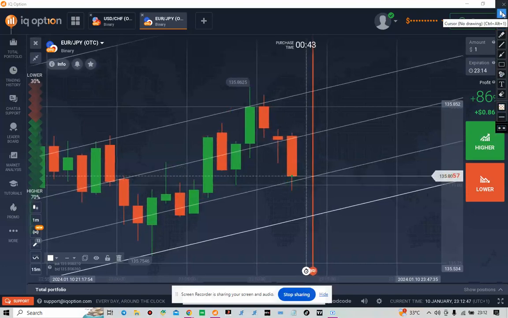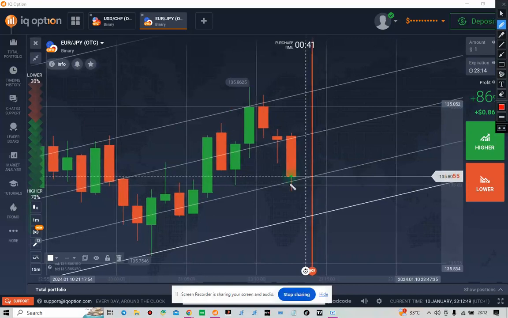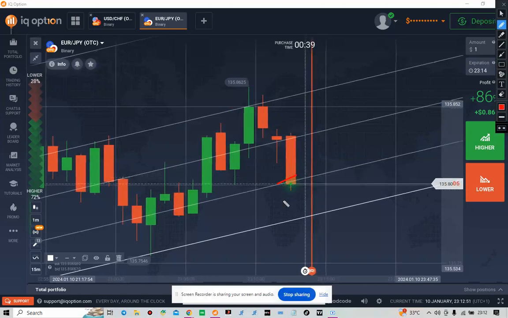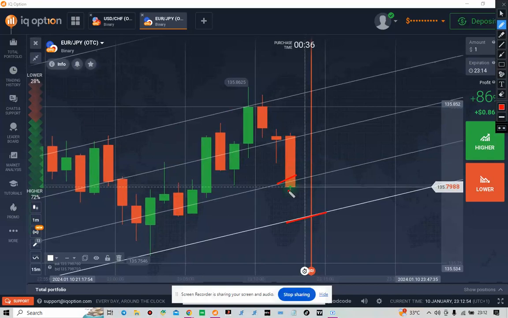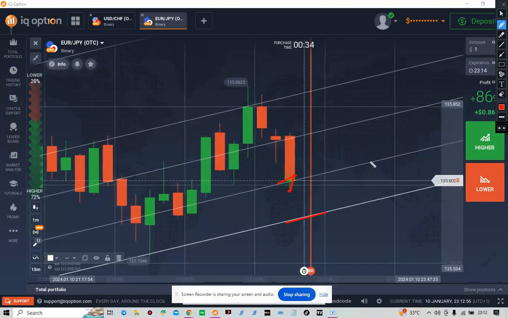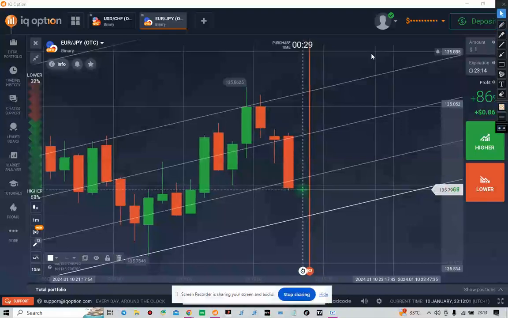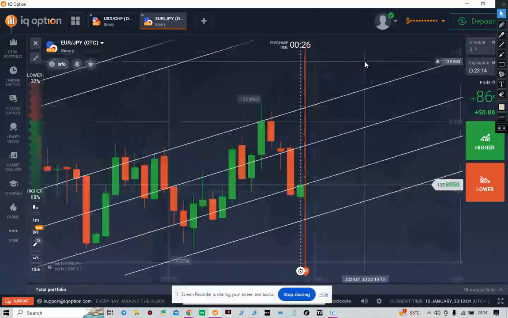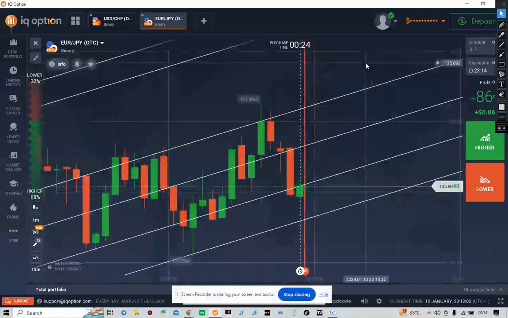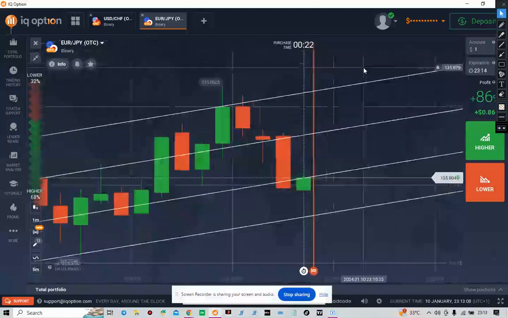As you can see, this candle reached this line and has a rejection. Okay, now watch. See what happened here.